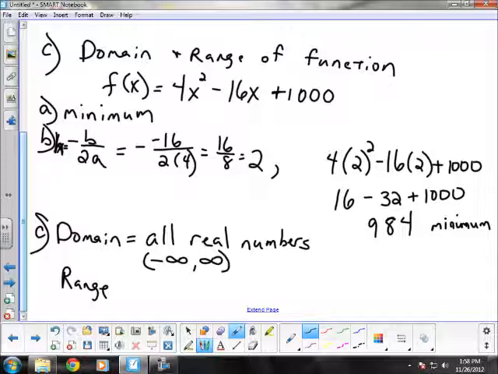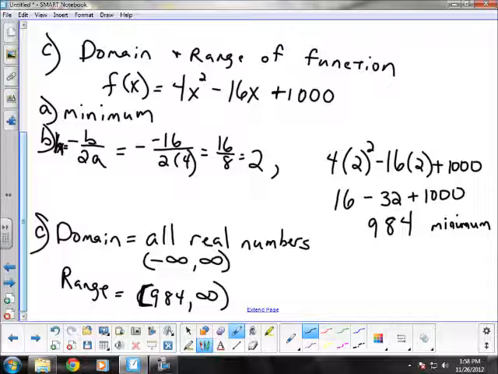Now, what's the range? What's the range? From the vertex to positive infinity. Because we just said this was a minimum, right? So that's the smallest number I can have, and it's going to keep going forever. Oh, let's see, better include that since that's actually a point on the graph.